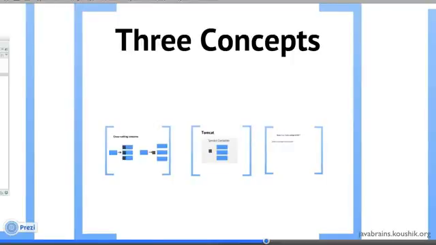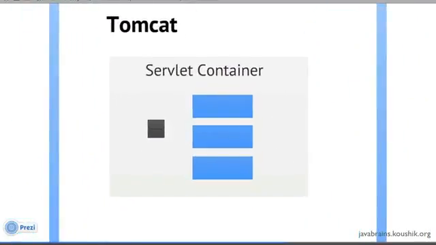The second concept: we know Tomcat is a servlet container. I'm sure we all know what a servlet container means. It's a container where you can deploy your applications which use JSPs and servlets. Now, when you write applications for the servlet container, there are a couple of components which you normally write your logic in, which are servlets and filters.